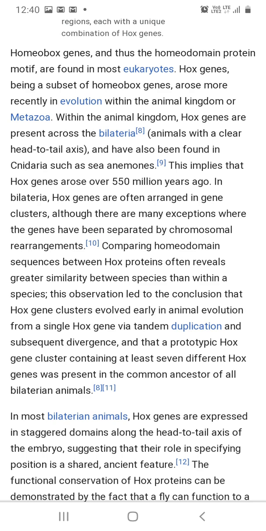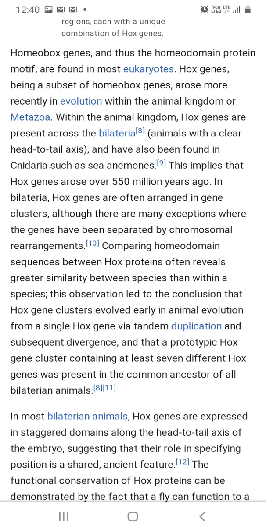The homeobox gene and thus the homeodomain protein for HOX genes are found in most eukaryotes. HOX genes, being a subset of homeobox genes, arose more recently in evolution within the animal kingdom.